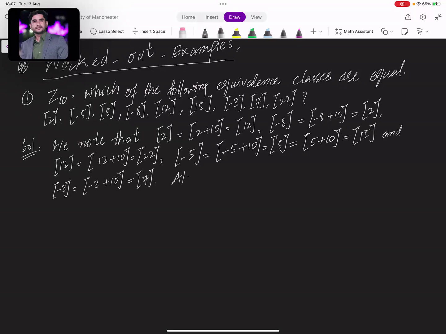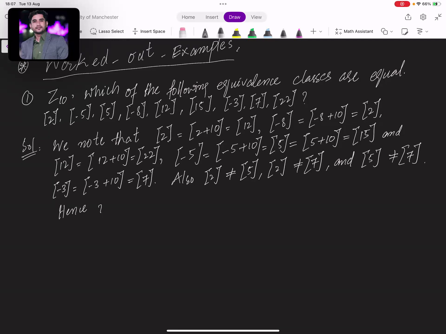Also, the class of 2 is not equal to the equivalence class of 5, 2 is not equal to the equivalence class of 7, and 5 is not equal to the equivalence class of 7. We can check these.